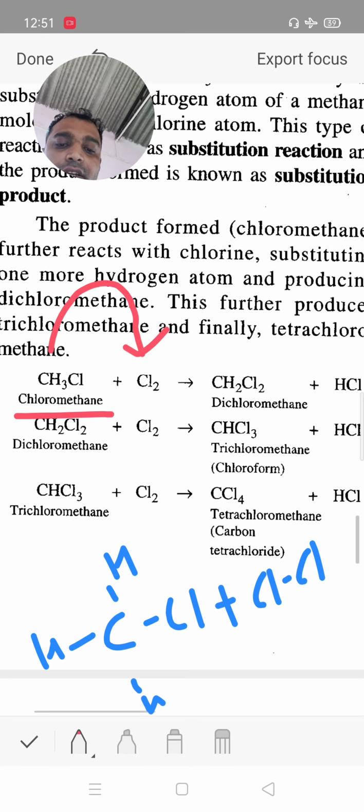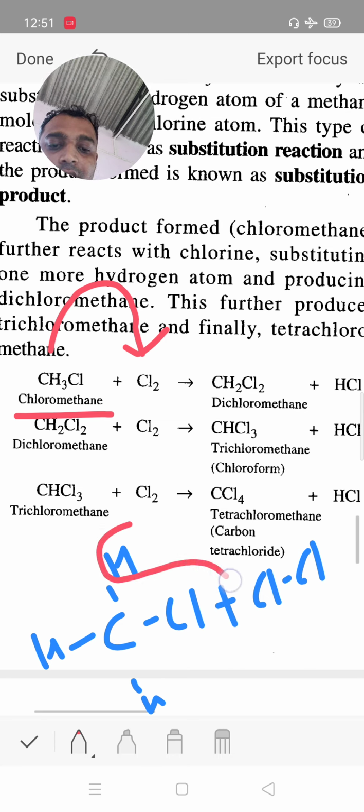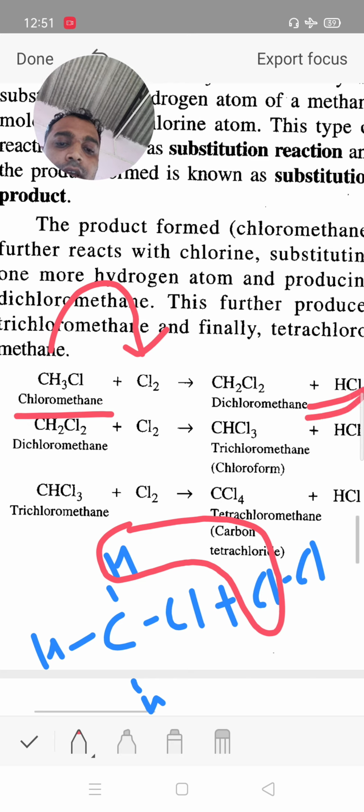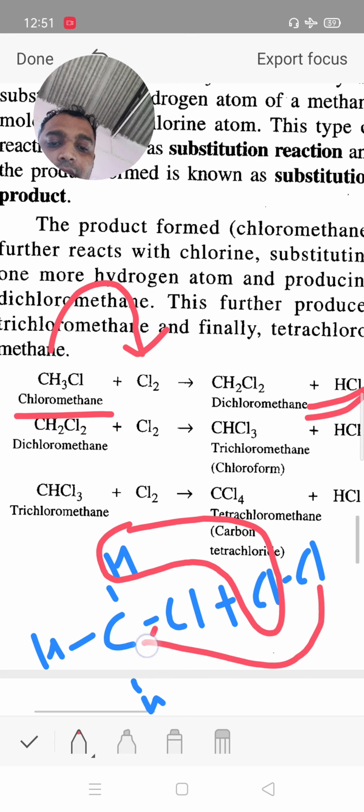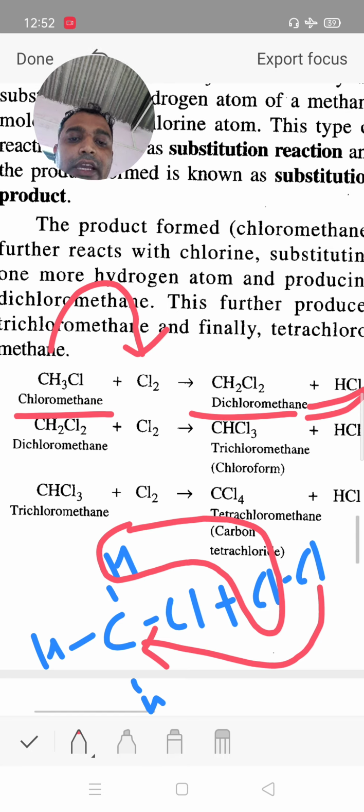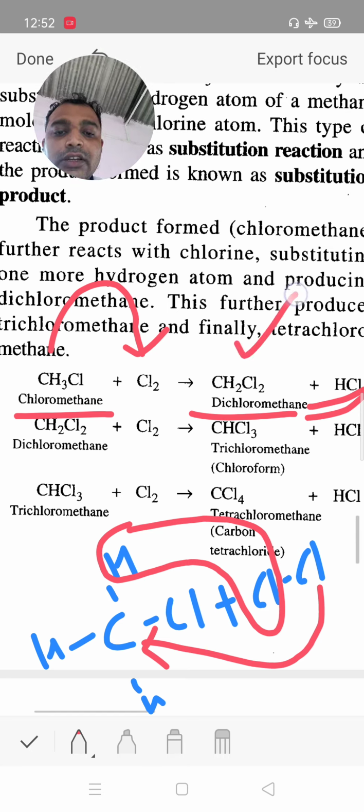One Cl replaces hydrogen, HCl is a byproduct, and one Cl attaches to carbon, giving CH2Cl2. It is the second step, the formation of dichloromethane. There are 2 chlorines, therefore its name is dichloromethane.